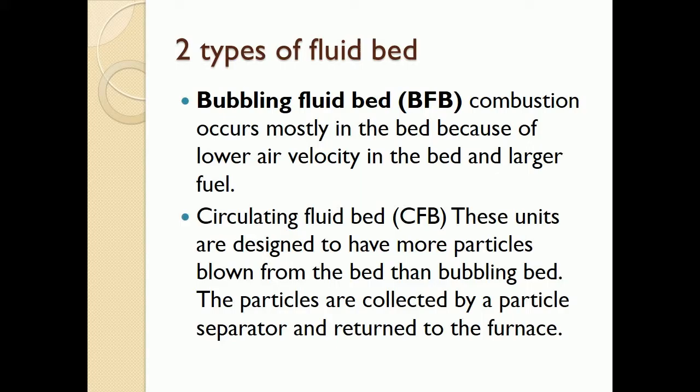Combustion occurs mostly in the bed because of lower air velocity in the bed and larger fuel. Circulating fluid bed (CFB). These units are designed to have more particles blown from the bed than bubbling bed. The particles are collected by a particle separator and returned to the furnace.